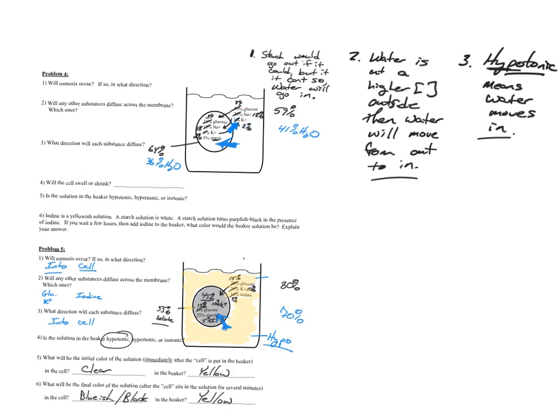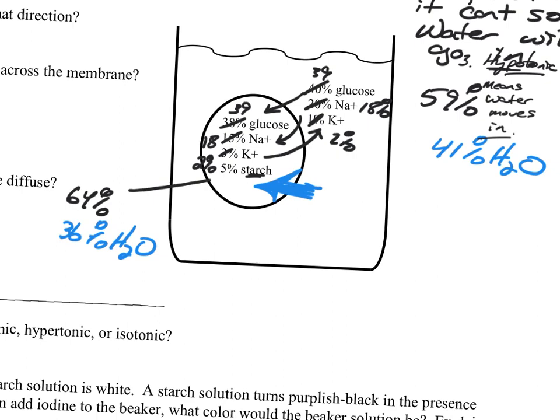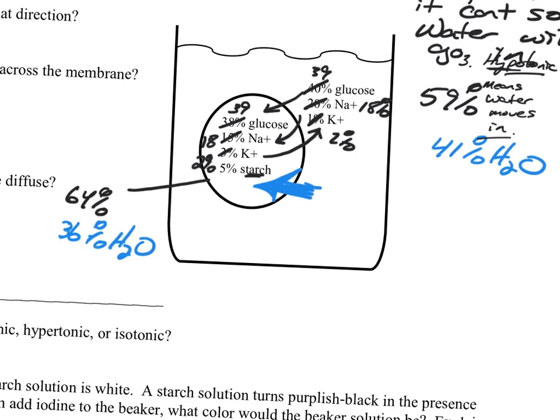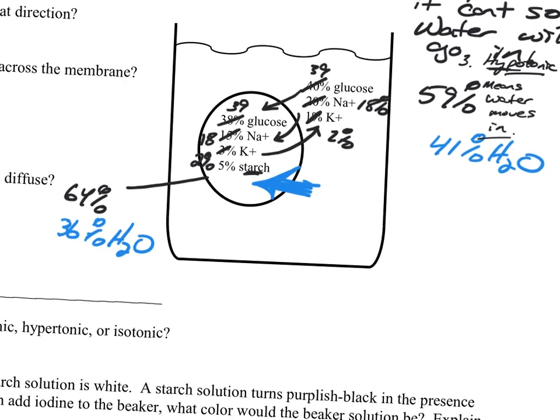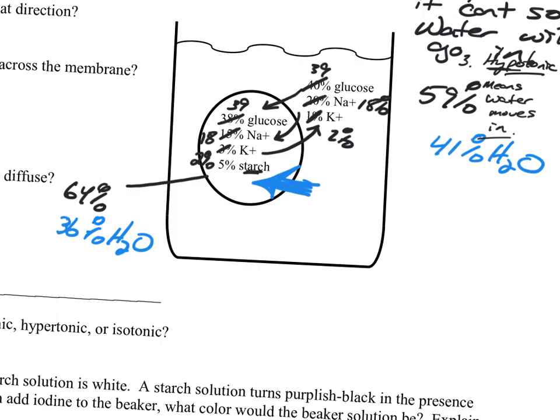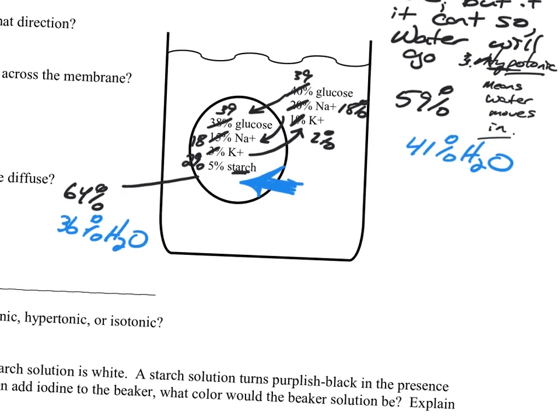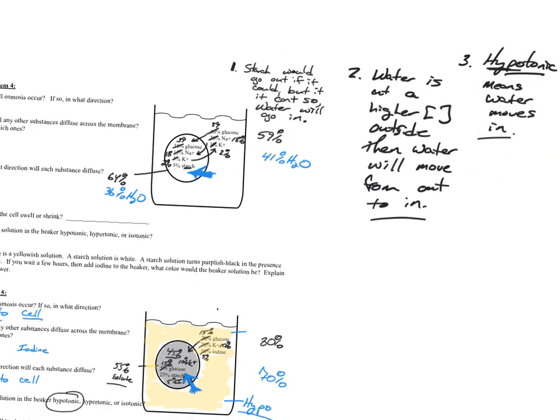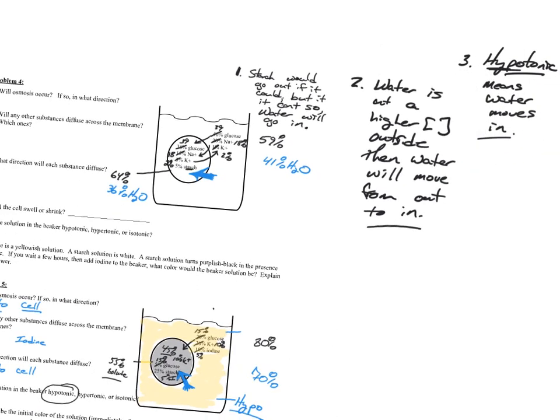Over here, we started with 40, 20, and 1, and inside it was 38, 15, 3, and 5. So we always started with a higher concentration of solute inside.